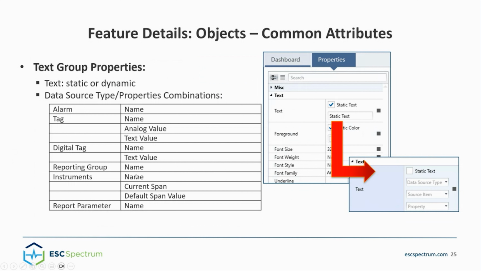And the properties for text we have available are mostly text values. Names of objects can be pulled. Analog values of tags can be displayed, etc.